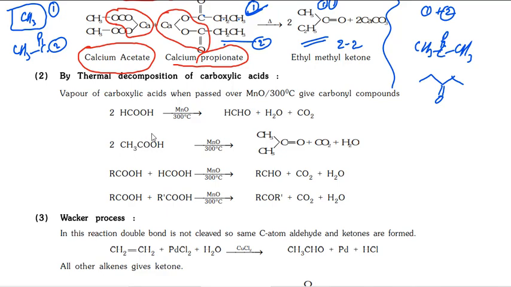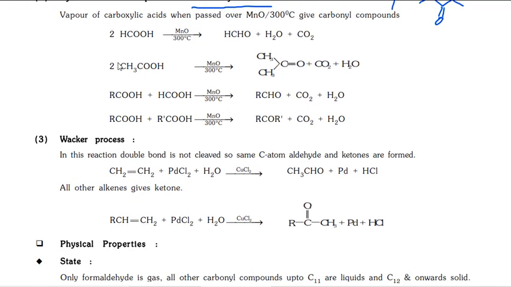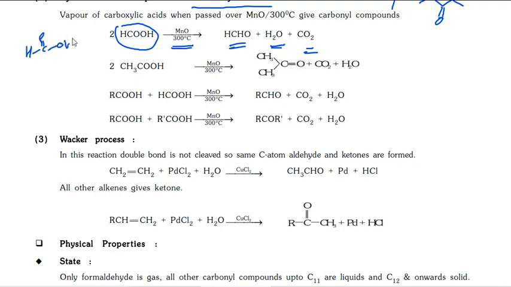Next, by thermal decomposition of carboxylic acid in the presence of a catalyst at 300 degrees Celsius, we get aldehyde, water and carbon dioxide. If you take formic acid, then see here: HC double bond OH carboxylic acid and one more HC double bond OH carboxylic acid.